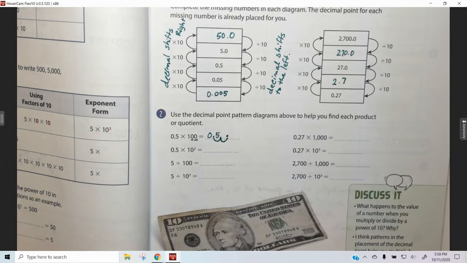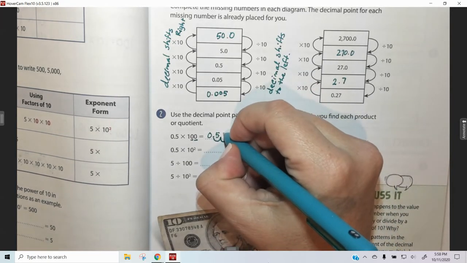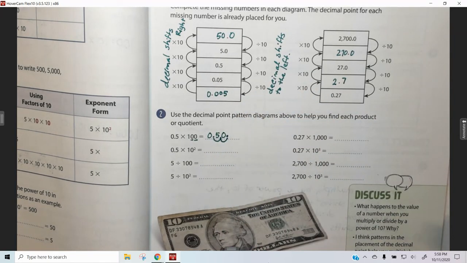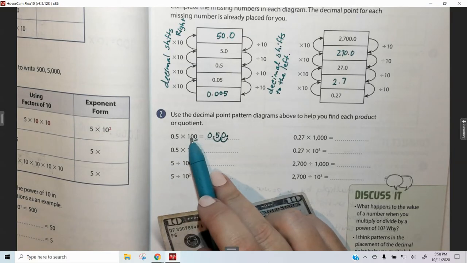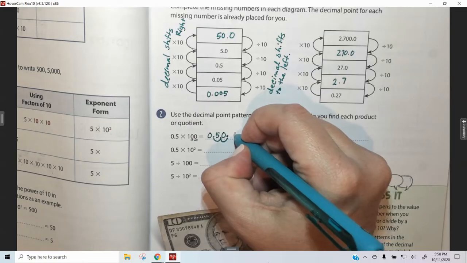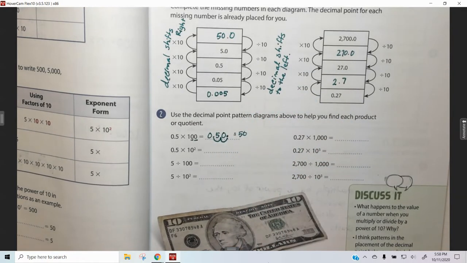That's our new decimal. And then there's an open space here. What do we put in an open space whenever we need something to fill the space that doesn't change anything? It's like a placeholder. That's right, we use a placeholder 0. So 5 tenths times 100 is equal to 50.